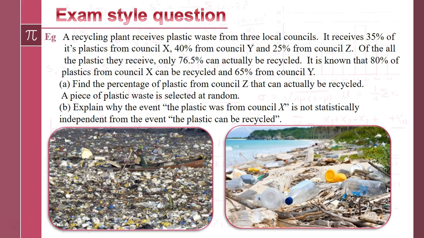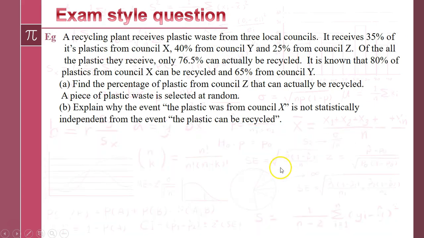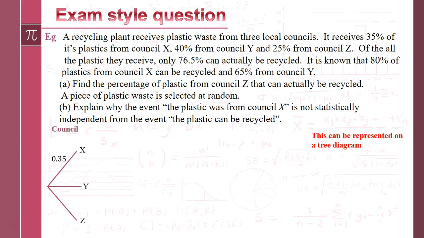Again, it looks a little bit scary because we've got a whole world of values and different things going on. So I'm just going to clear those pictures out of the way and have a look at what this looks like as a tree diagram. The first branches of our diagram are going to be the council: Council X, Council Y, Council Z, and you can see the respective probabilities, 35%, 45%, 25%.